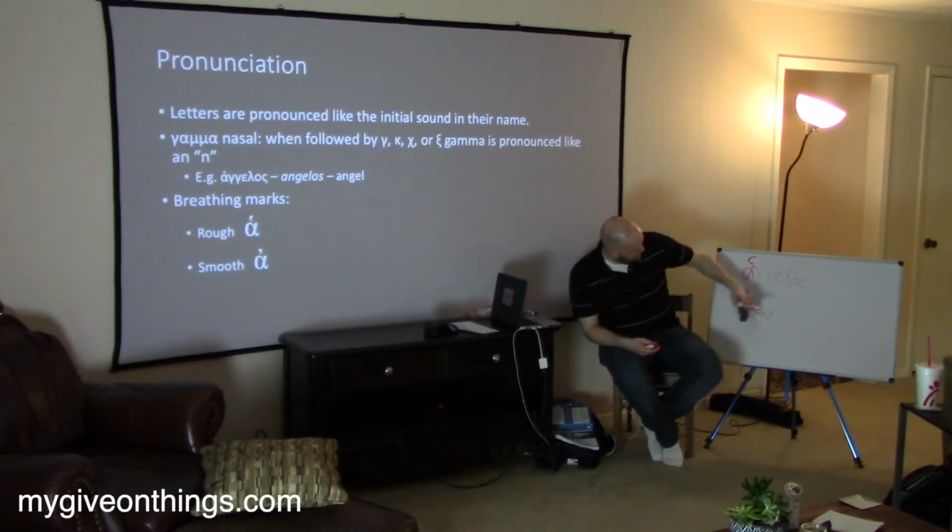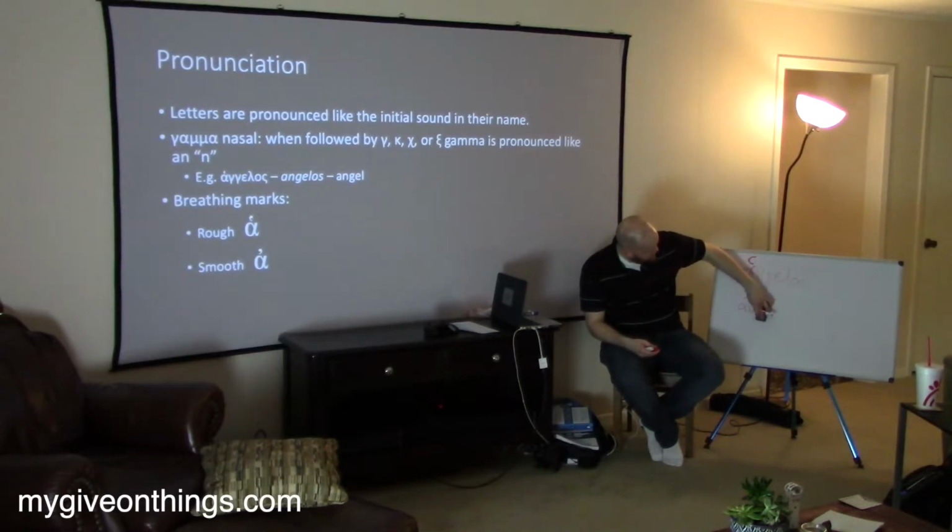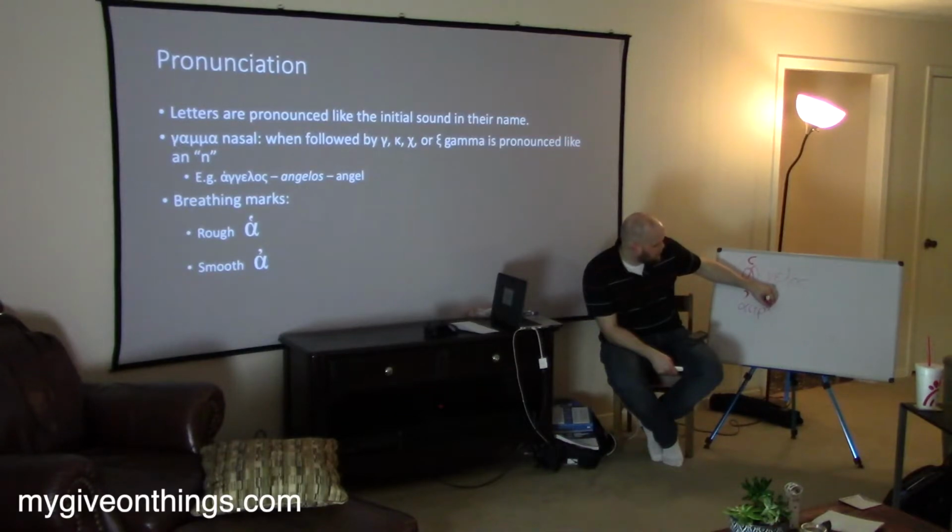That one's got a smooth breathing mark. I was just using it as an example. But yes, angelos has a smooth breathing mark. I guess I should have put an actual example of a rough breathing mark down here, huh? Let's go with hagios.